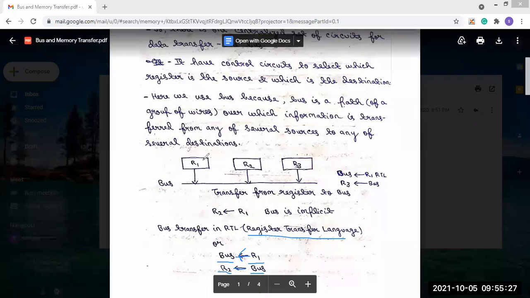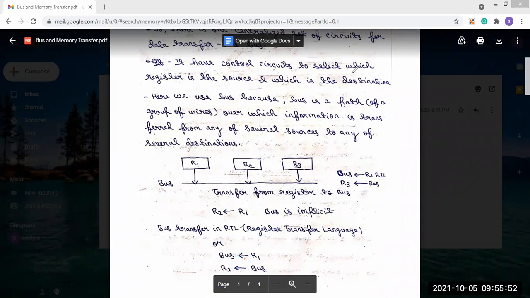Here, from R1 to R2, the data is transmitted to the bus first, and from the bus the data is transmitted to R2. So in register transfer language, we write like this.